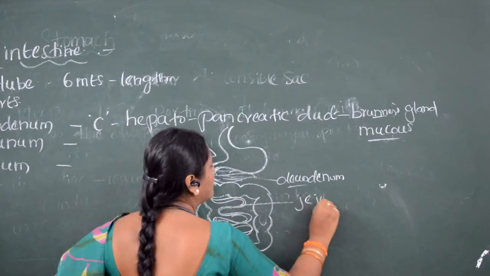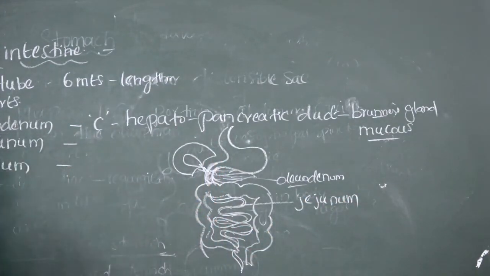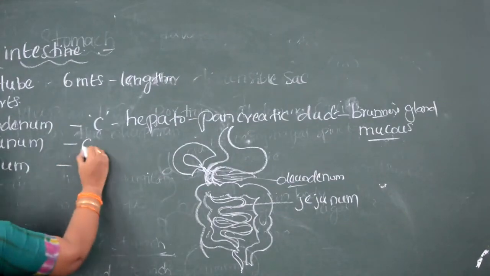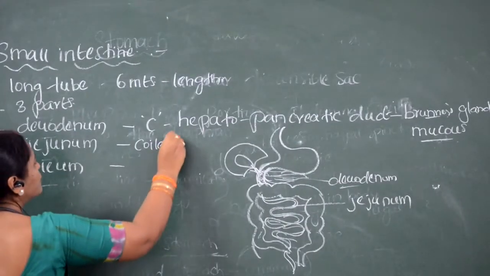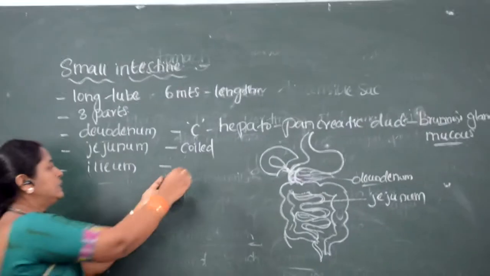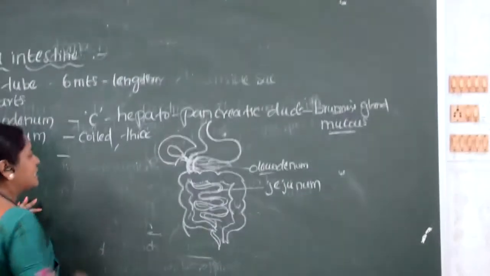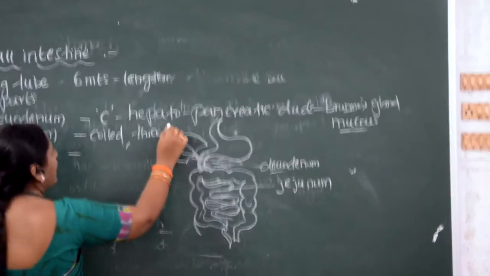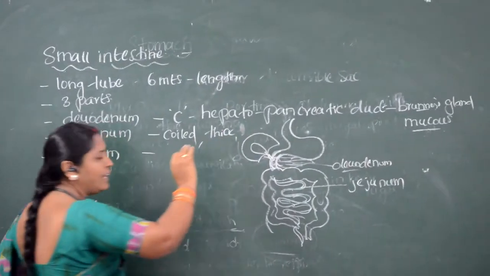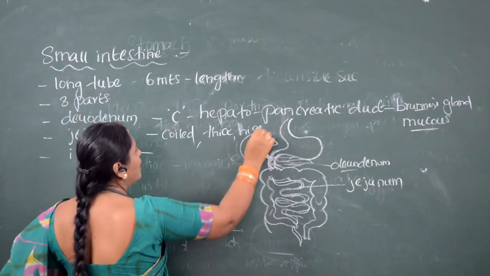The next part of the small intestine is the jejunum. The jejunum is a coiled structure. It is a thick tube and highly vascular when compared with the ileum.